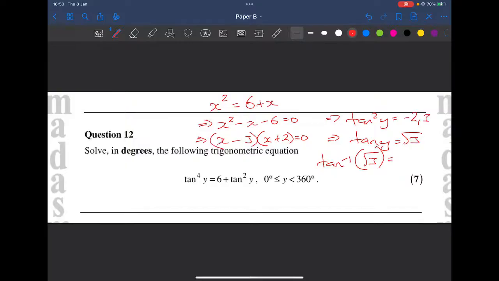Inverse tan of the square root of 3. We get 60. And then that's going to be the principal value, so between minus 90 and 90. We can then think about adding 180 to get to the next range that tan works in. So we should have answers of 60 and 60 plus 180, i.e. 240. So that was a nice quick 7 marks compared to some of the ones we've seen before.